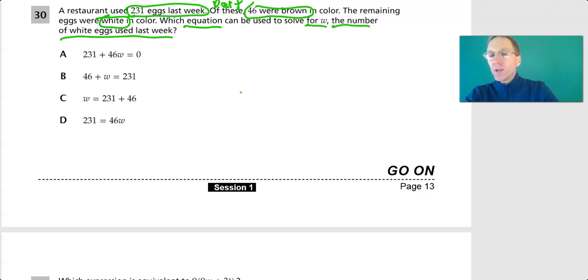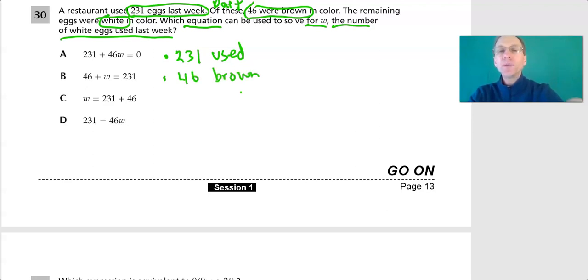So what I really suggest to the students is that they take problems like this and just real quickly take this information, because it's very confusing, and put it in a bullet format. So first of all, you have 231 used. And you can put whatever your label is here. It's just for you, just to organize the information. 46 brown.